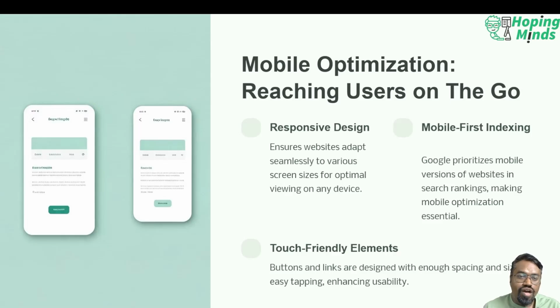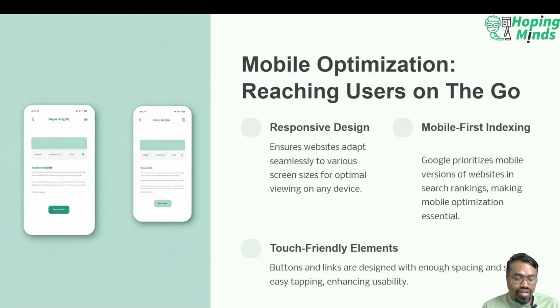Now you all might have seen, for example, I'm having my phone in my hand, right? If I see the phone, we hold the phone like this, and we scroll the screen through our thumb, right?